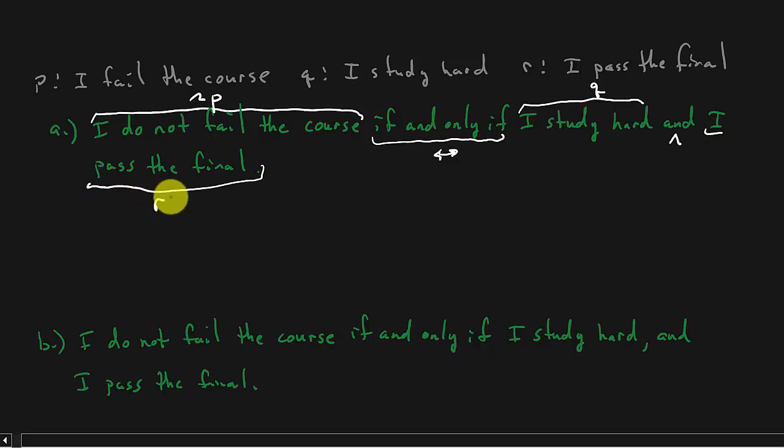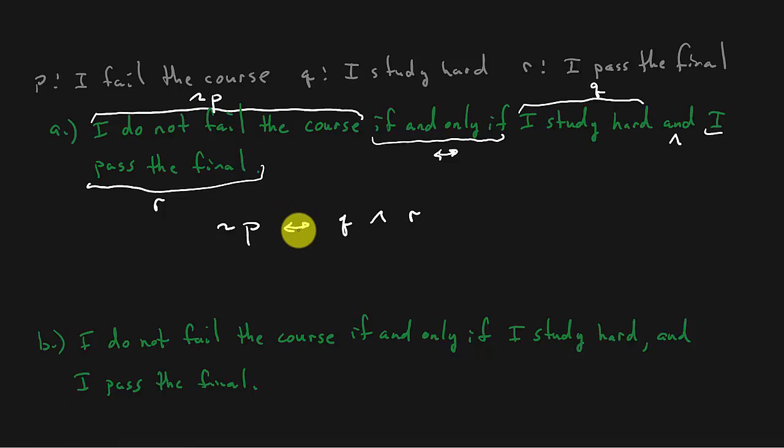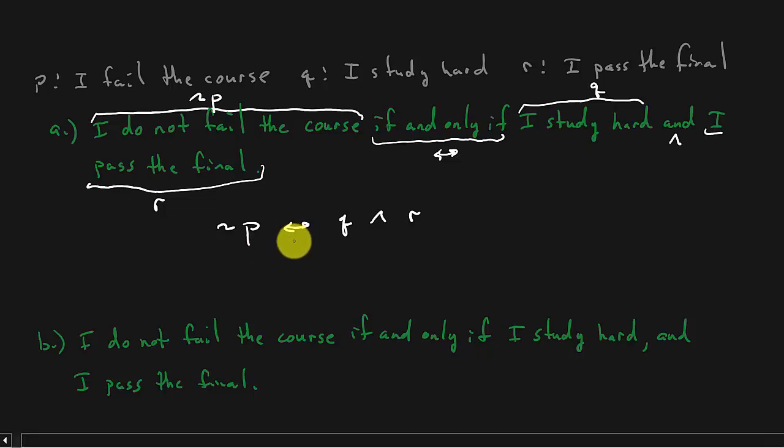That would be R. So that's not P, if and only if, and then we've got Q and R. Let me write that a little bit better. All right. So the most dominant connective that we have is this one right here, the if and only if.